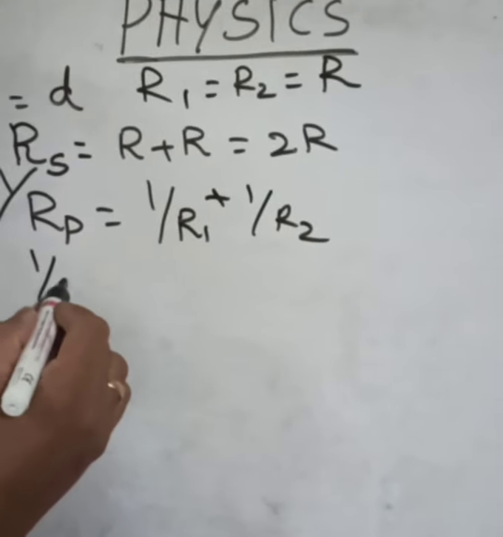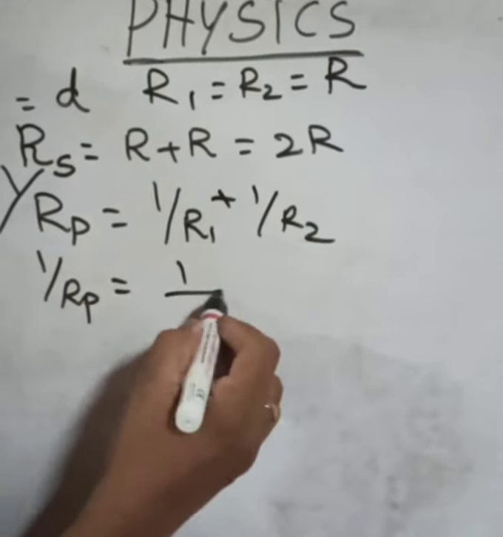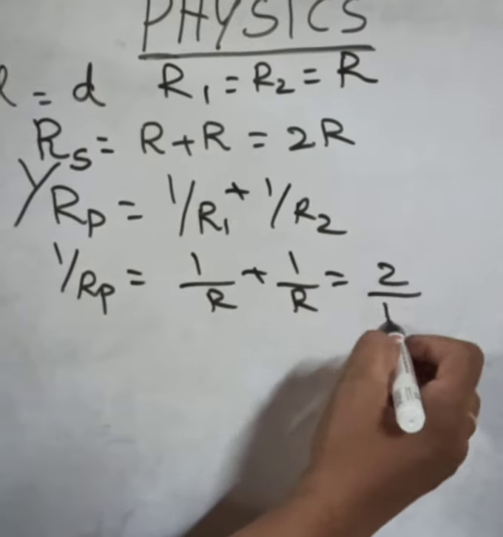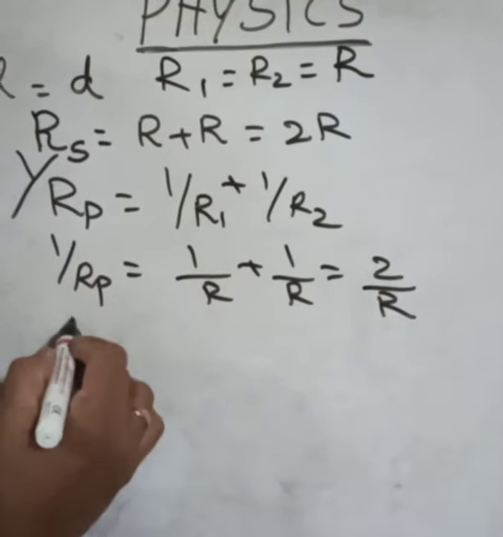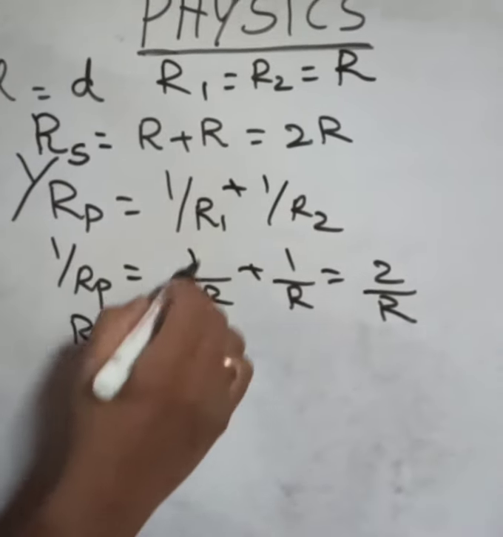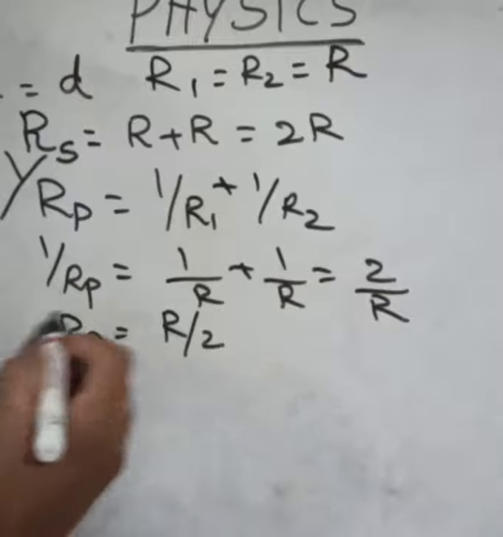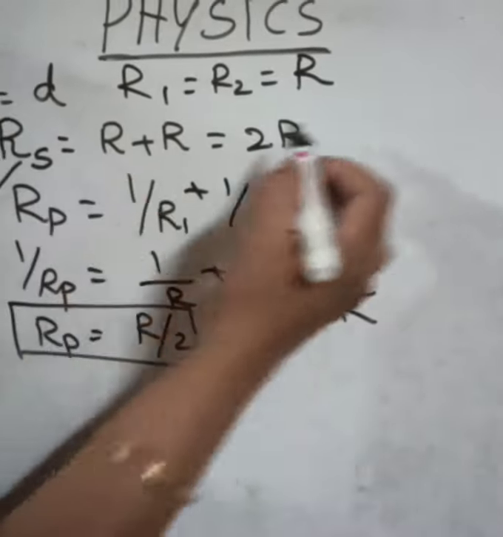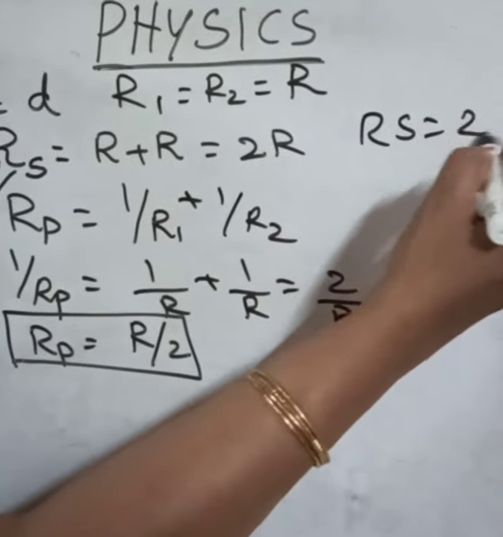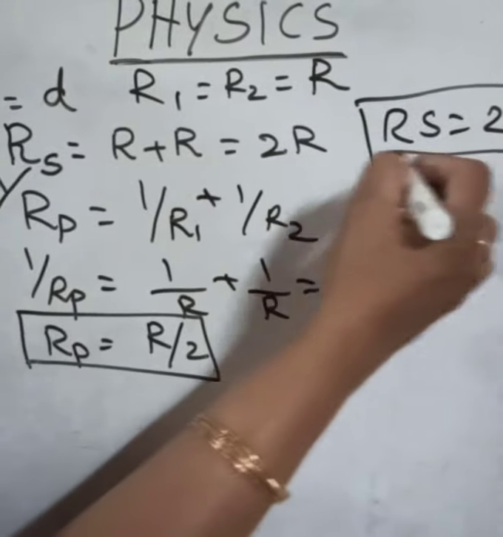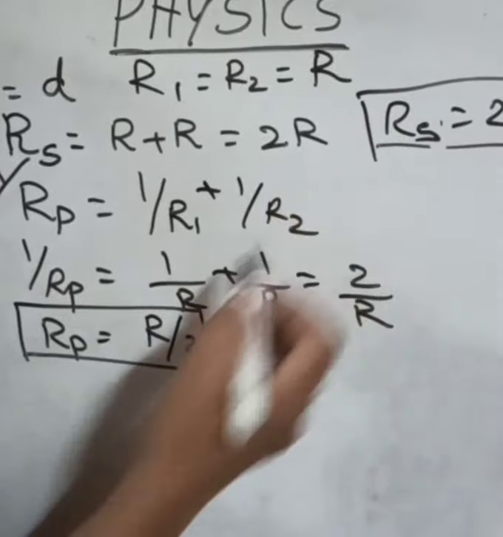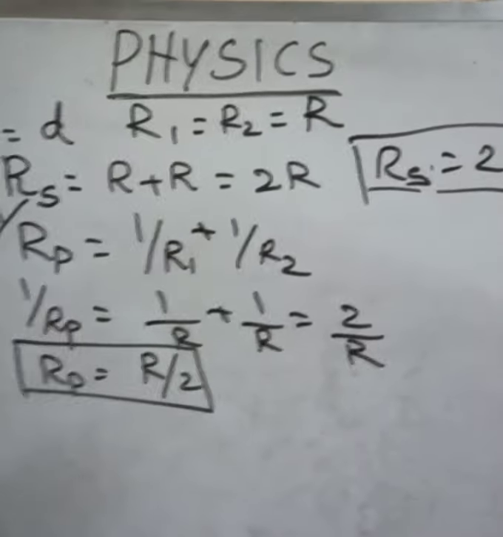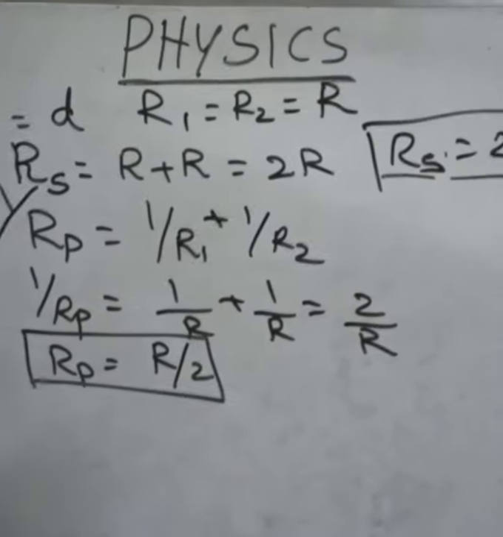So 1 by RP is equal to 1 by R plus 1 by R, that is equal to 2 by R. So RP equal to, just take the reciprocal, R by 2. So if two resistors are connected in series, RS is equal to 2R and RP is equal to R by 2 in parallel combination.